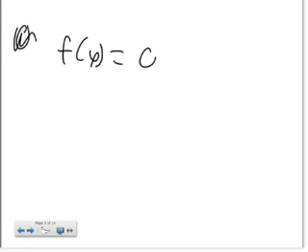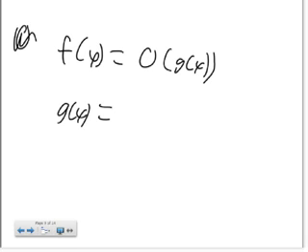There is an important relationship between big O and omega. If you say that f of x equals big O of g of x, what this implies is that g of x is omega of f of x.